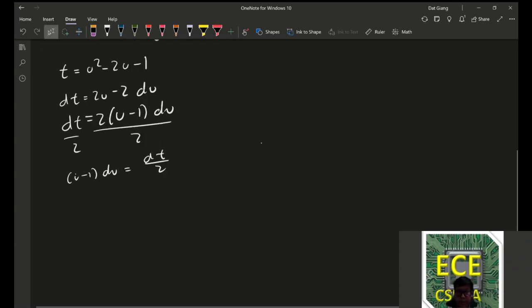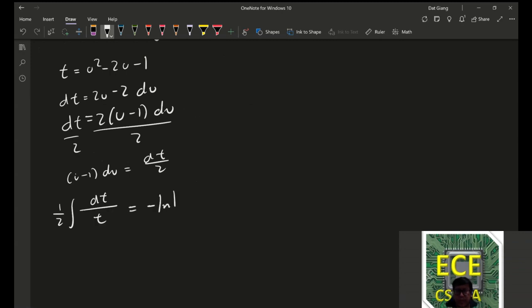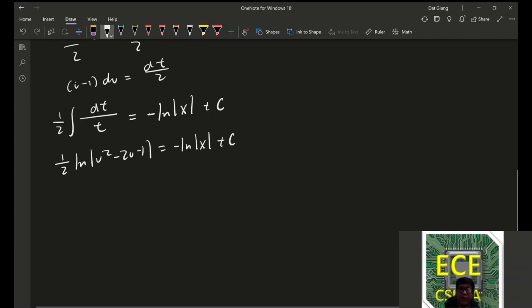Now, we have the following. We have 1/2 the integral of dt divided by t equals negative ln of x plus c. We get 1/2 ln of t, which from this substitution is u squared minus 2u minus 1, equals negative ln of x plus c. By the exponential rule, we get the following.